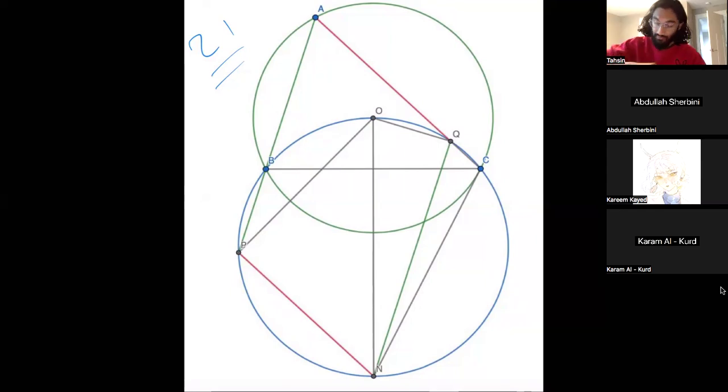And this circumcircle omega intersects AB and AC at P and Q. So there's A, B, C, and then there's O, and then there's P and Q. And the last point is N, and N is a diameter of the circle omega.